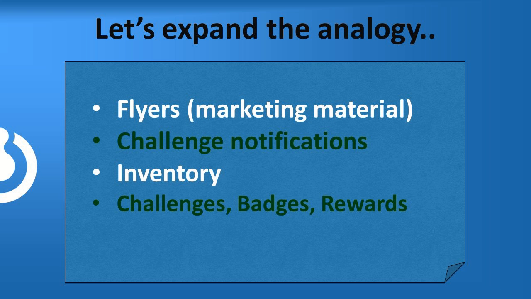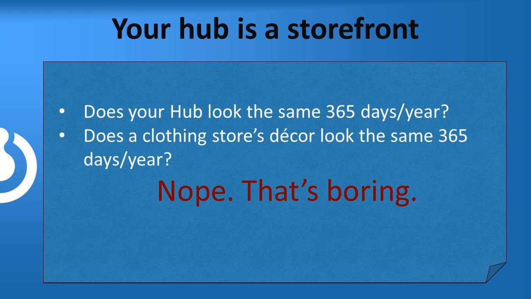So let's ask one final question. To bring this analogy to a close, why not think of your hub as a storefront? Maybe a coffee shop, and maybe a clothing store, and maybe a hardware store. But if you think of it as a storefront, it may make you think about how and why you need to change it up all the time.